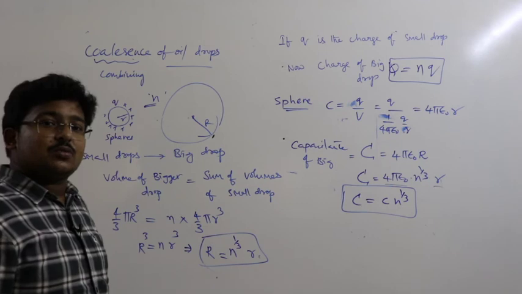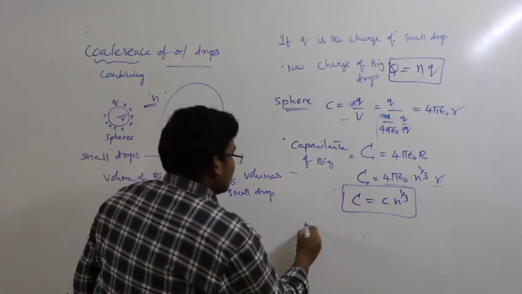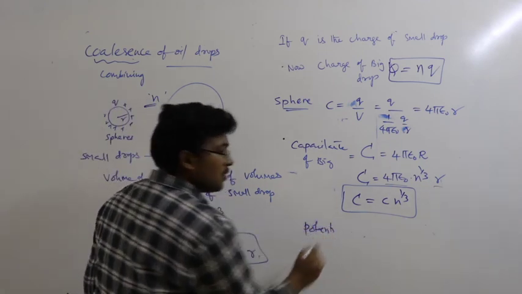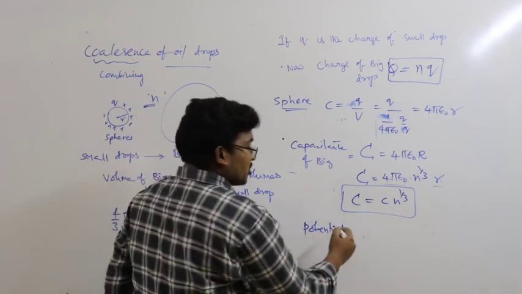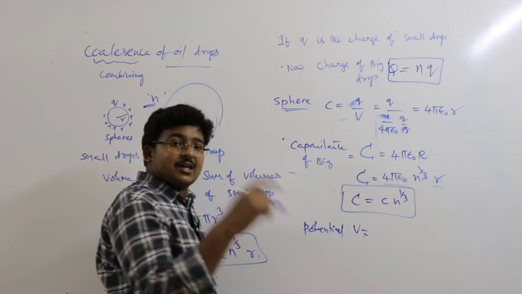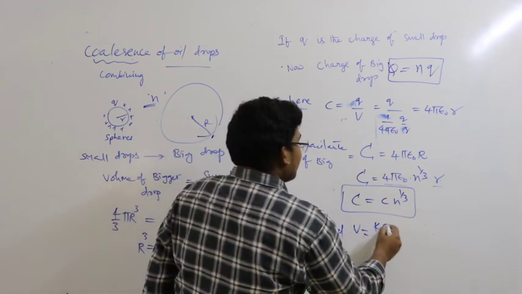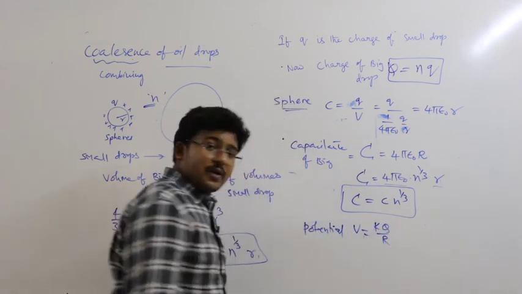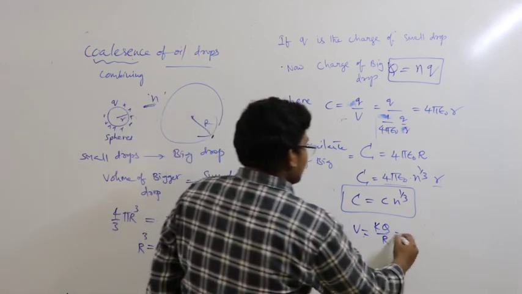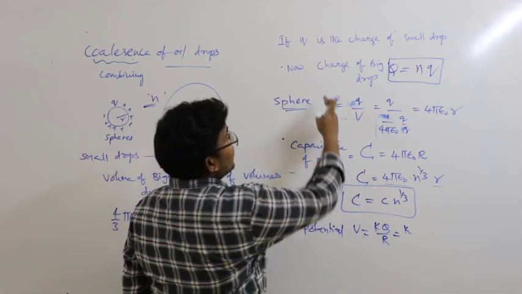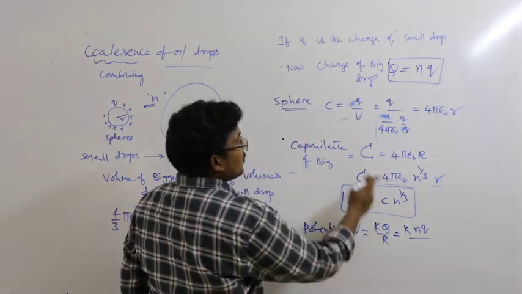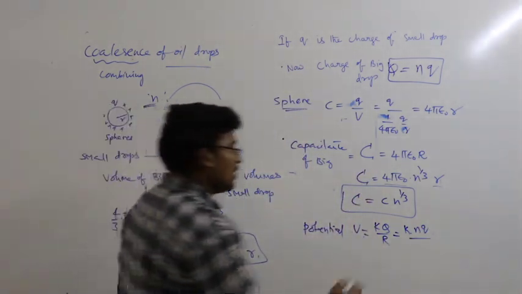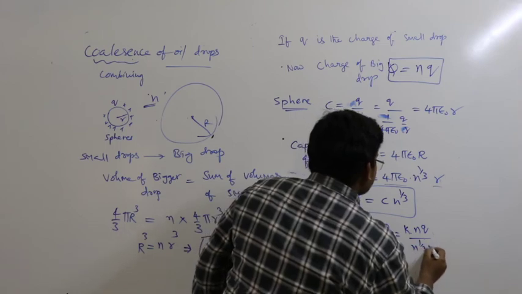Now what happens to potential? Potential of the bigger drop: potential V is equal to, what is the formula for a spherical capacitor? Potential is KQ by R. So here K into the charge of the bigger drop, which is n times small q, by capital R. We know the relation capital R is n power 1 by 3 small r.